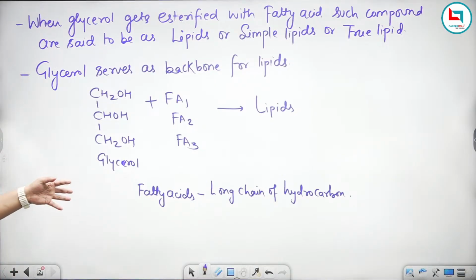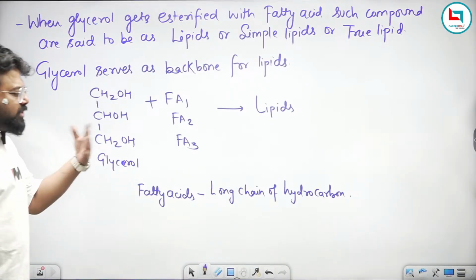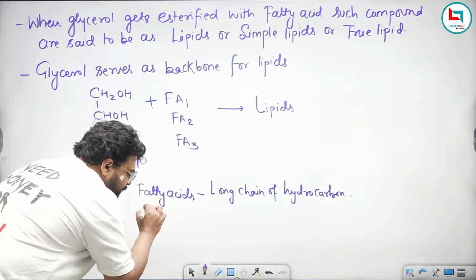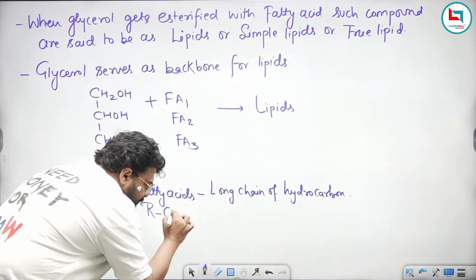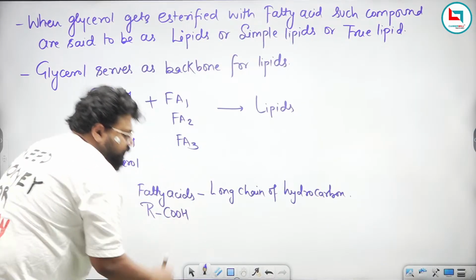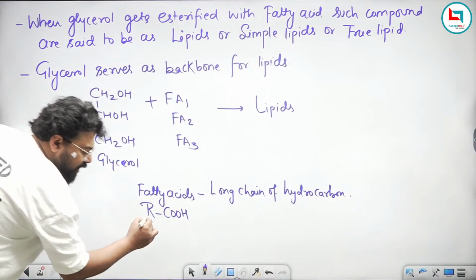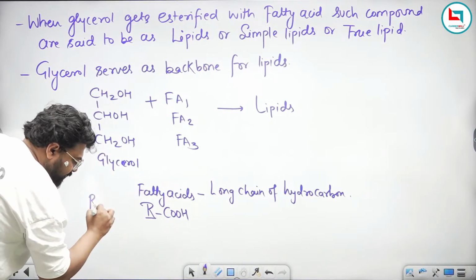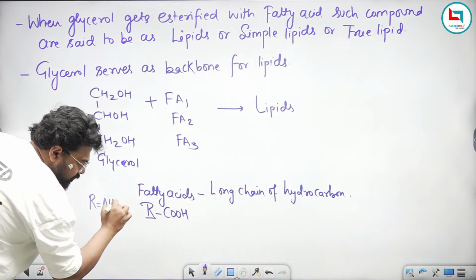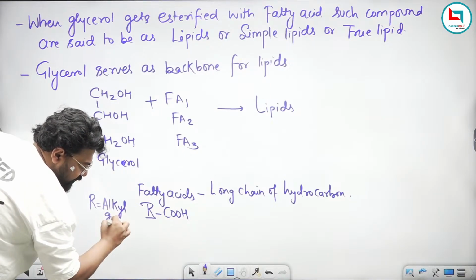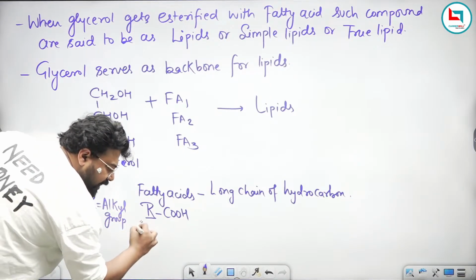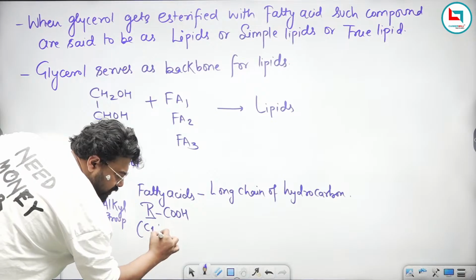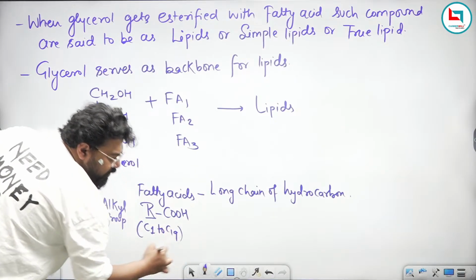That means they contain carbon in them. So the general formula of fatty acid is RCOOH, in which R is an alkyl group, and this alkyl group can contain carbon C1 to C90.